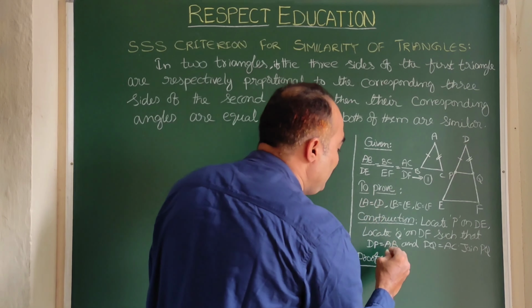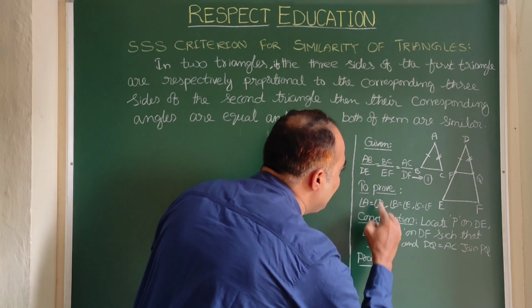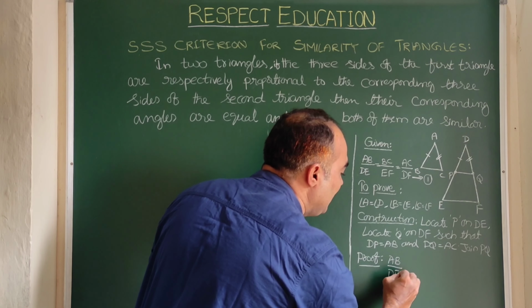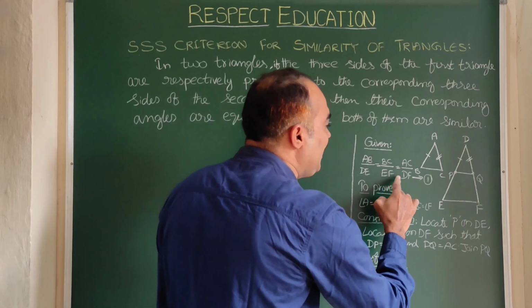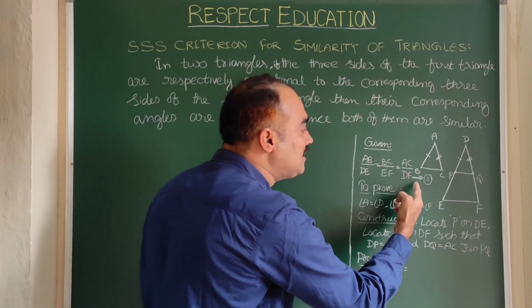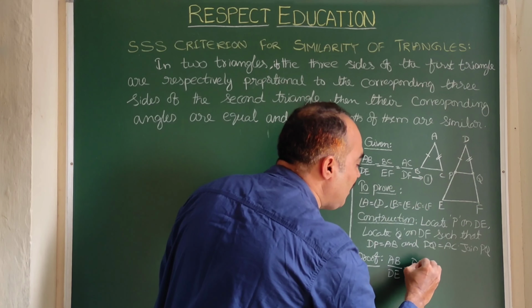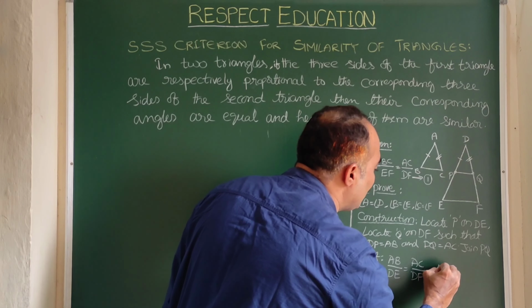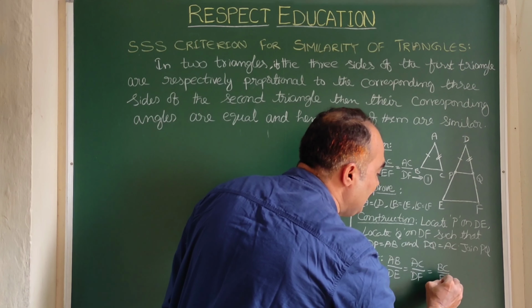Since from equation 1, or since given, all the three are equal, we can write AC by DF is equal to BC by EF.